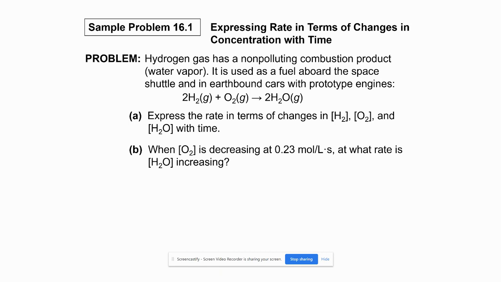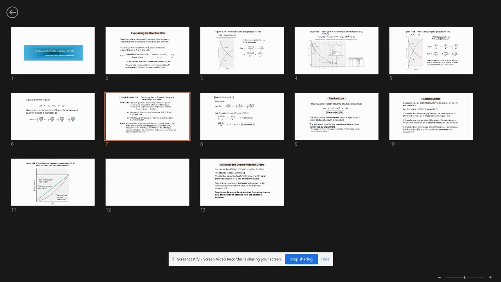Okay, so what we would do is we'd say rate equals negative 1/2 change in hydrogen over change in time, which equals negative 1/2 change in oxygen over change, oops, not 1/2, sorry.